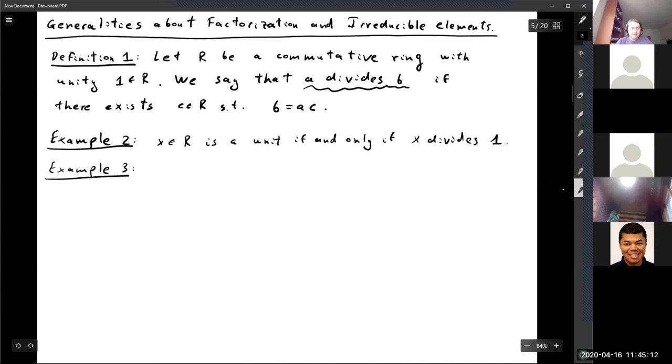So in example 2, we describe all elements which divide 1.